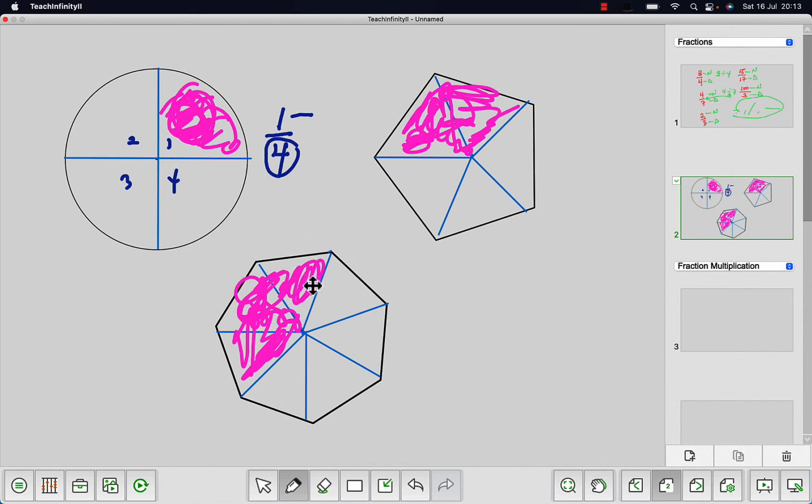Here this is 1, 2, 3, 4, 5, 6, 7. You are accounting for 3, so this is 3 out of the total, which is 7. And here you have 1, 2, 3, 4, 5. There are 5 parts. You are accounting for 2, so that is 2 on 5, or 2 out of 5. So yes, I hope this clears your whole understanding of what fractions are.